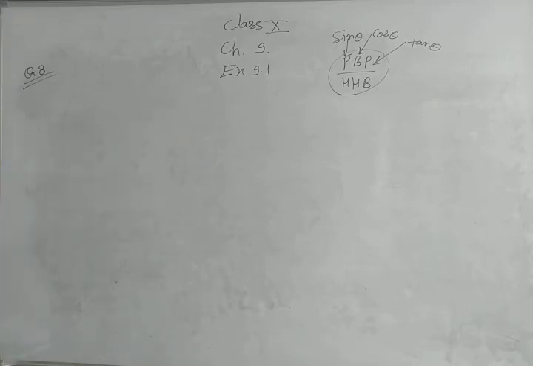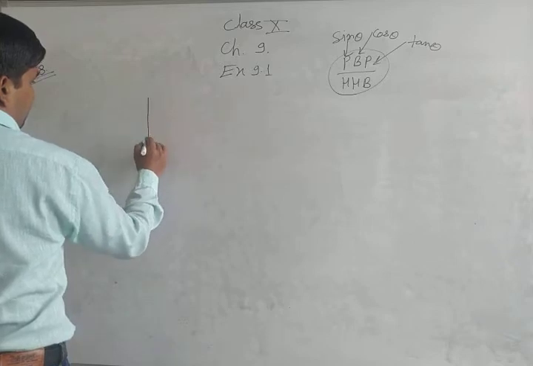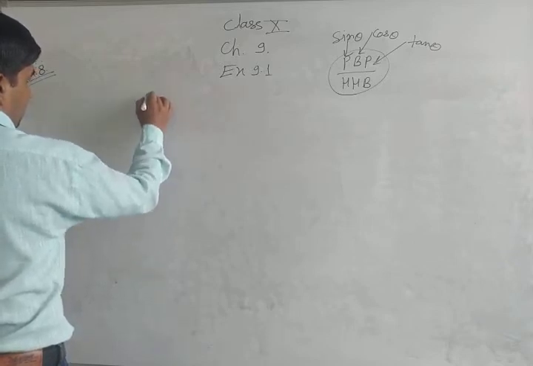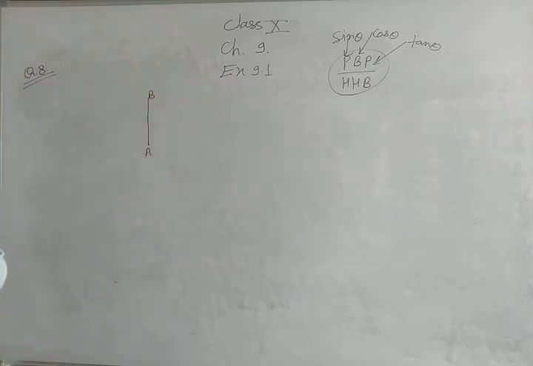Question 8 is: a statue 1.6 meter tall stands on the top of a pedestal. So we assume this is the pedestal and this one is A, B. Clear?